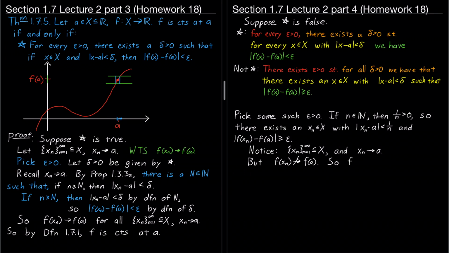So what that means is that f is not continuous at a, and that completes the proof. We have shown that if our condition star is true, then it's also true that f is continuous at a, and if our condition star is false, then it is also false that f is continuous at a. So our condition star is an equivalent condition for continuity.